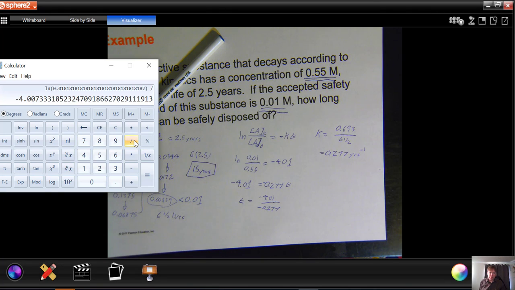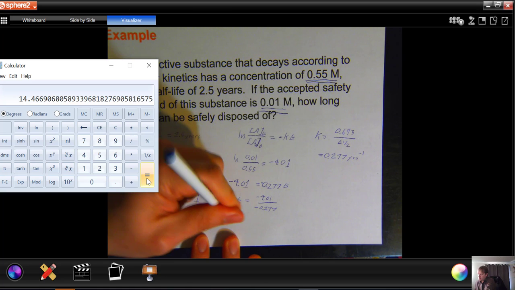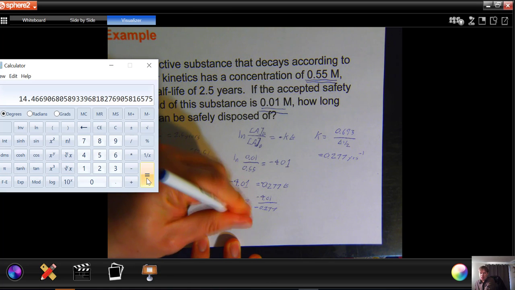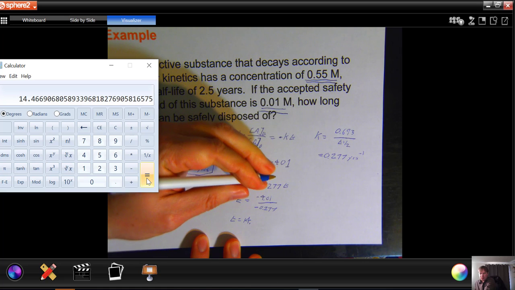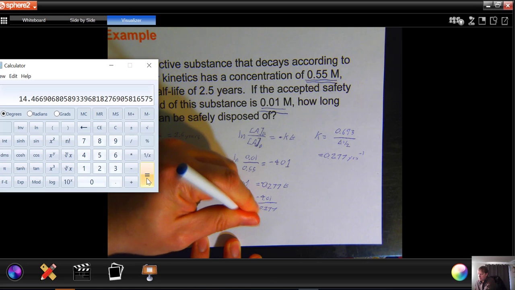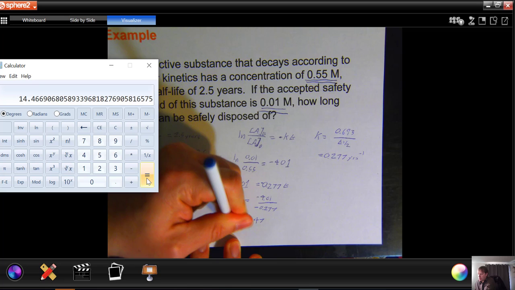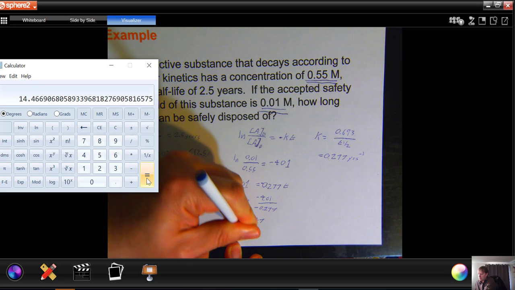I'm going to go ahead and do divided by 0.277, and we have a negative sign there. Okay, so we get 14.47, or maybe we'll call that 14.5 years.